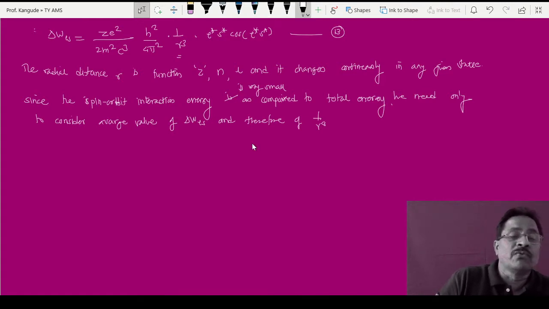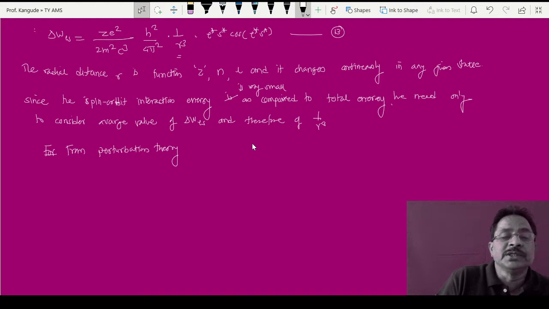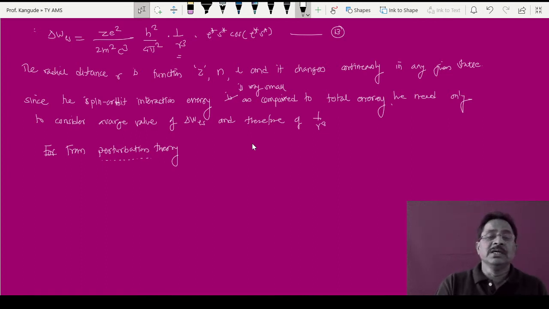So from perturbation theory in QM, some of you might be using this word for the first time, but there is one very interesting method of solving problems in physics, that is called the perturbation method.